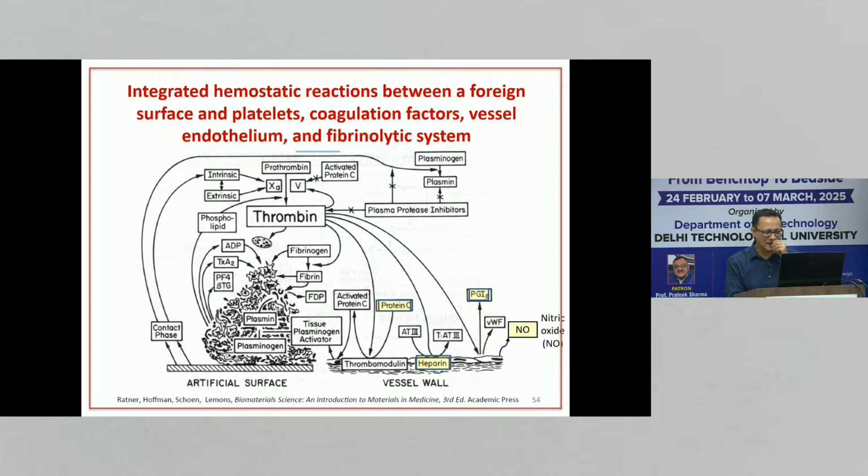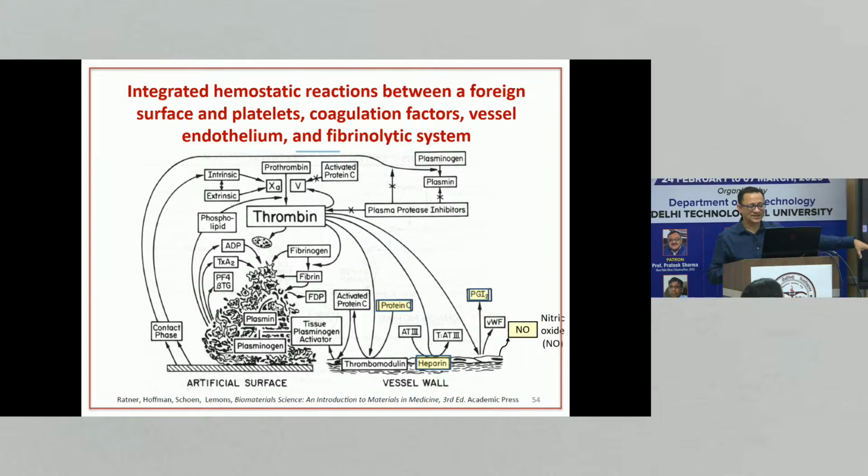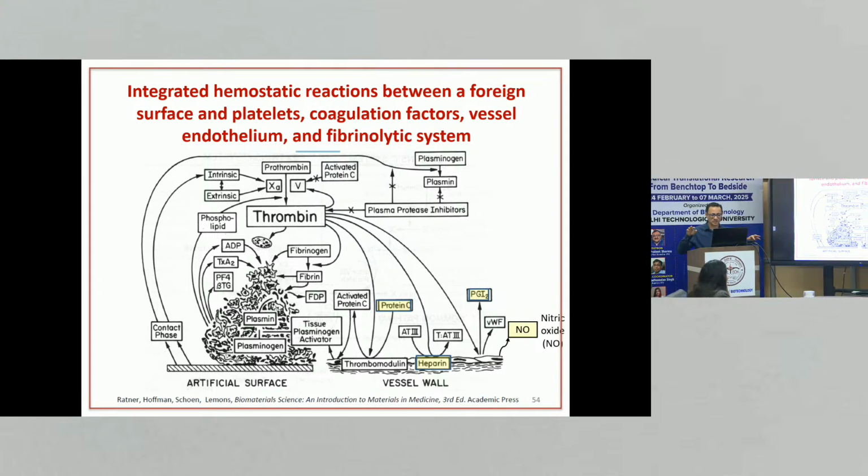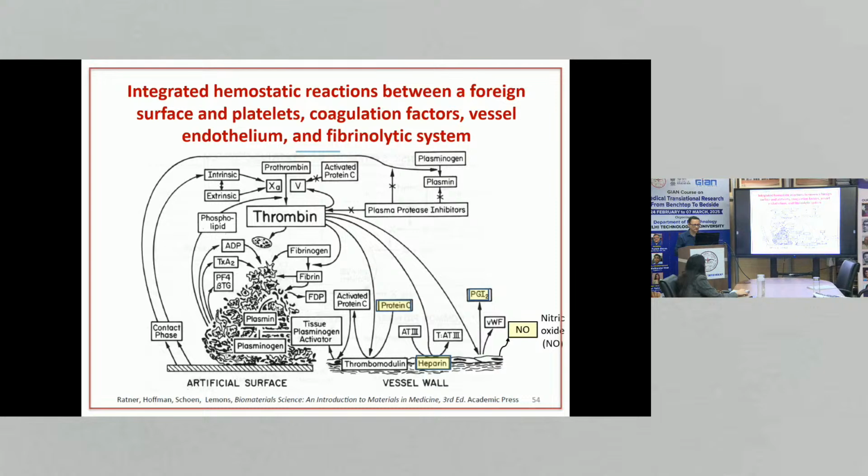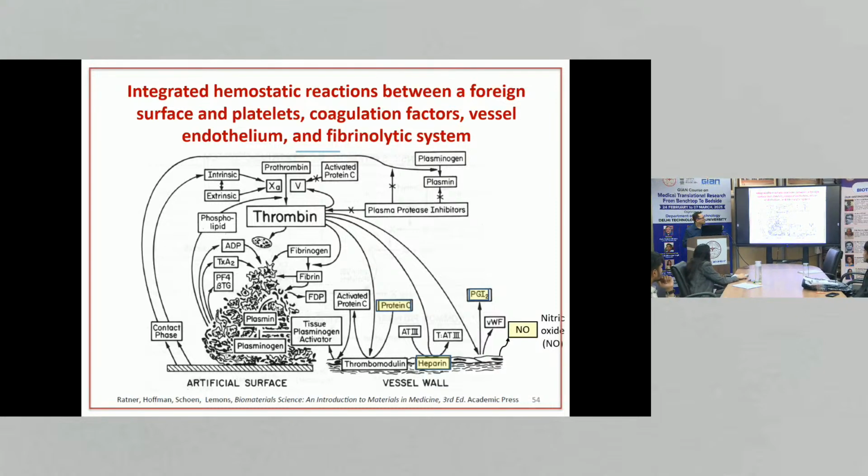Okay, now this is just showing a little bit, don't worry about it, but this is again Dr. Buddy Ratner, Dr. Hoffman that we talked about, their third edition book, I think, from where we got this. So how intrinsic and extrinsic pathway, factor 10, thrombin, prothrombin, it's all that.